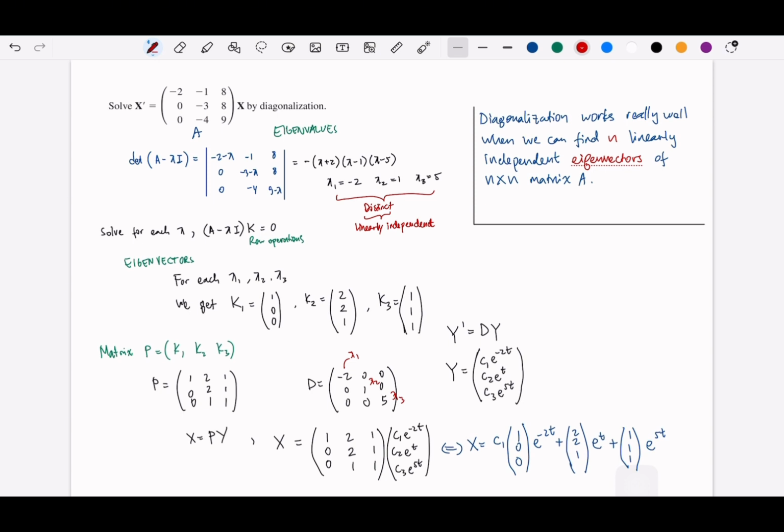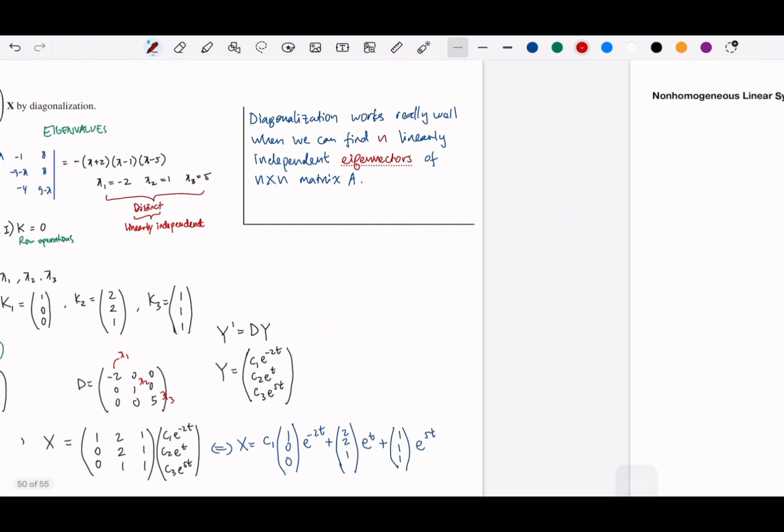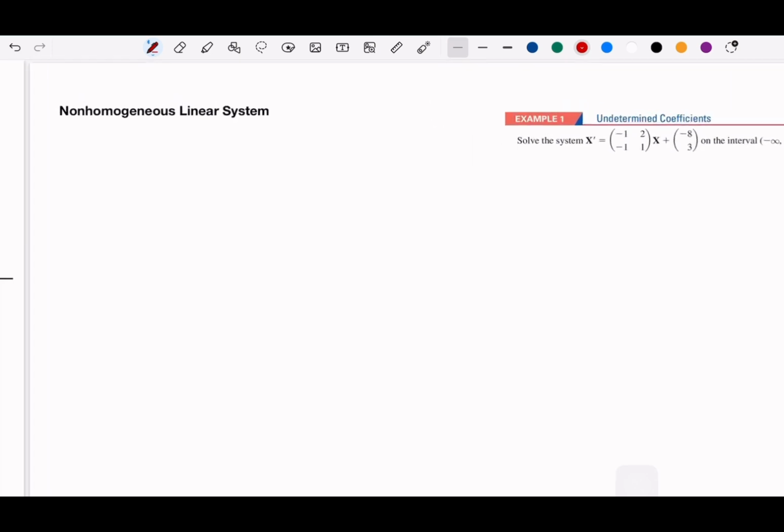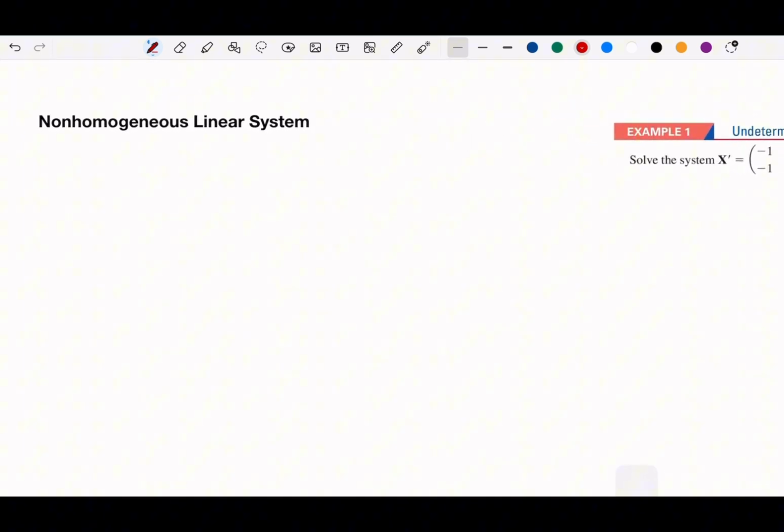So basically the next part that I will try to cover today is the non-homogeneous linear system, particularly the undetermined coefficient method, which we have already covered in Engineering Mathematics 1, but we want to make sure that we can use it in a matrix system.